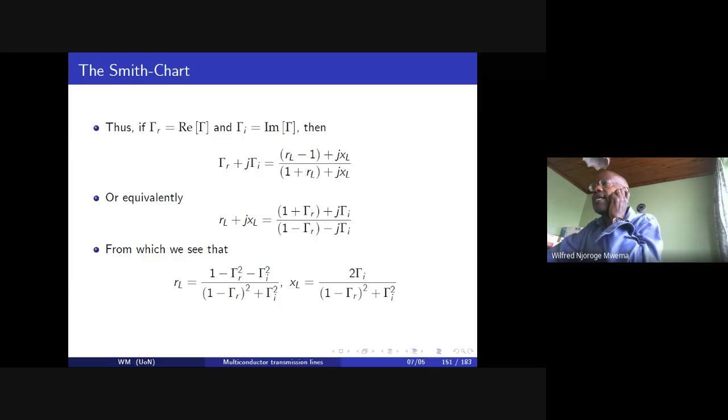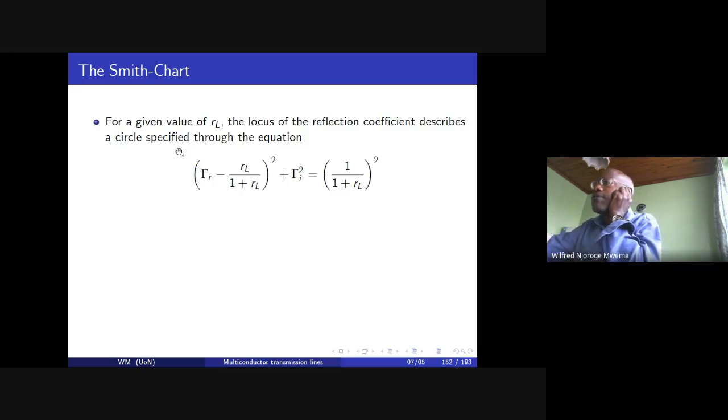So make sure that y is the gamma I and x is the gamma R, and then you see that it will be offset. It's a circle that is offset in that form.